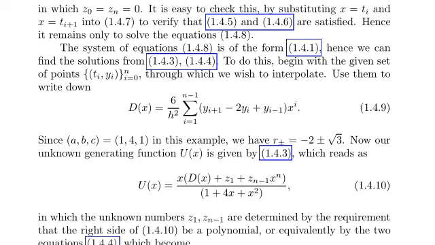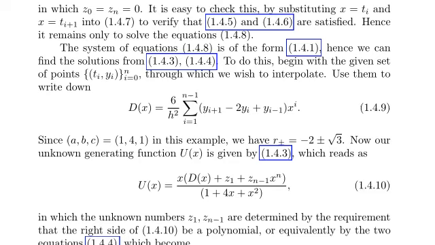So let's see what they say in the book. The system of equations 1.4.8 is of the form 1.4.1, which is what we were just talking about. Hence, we can find the solution from 1.4.3 and 1.4.4.